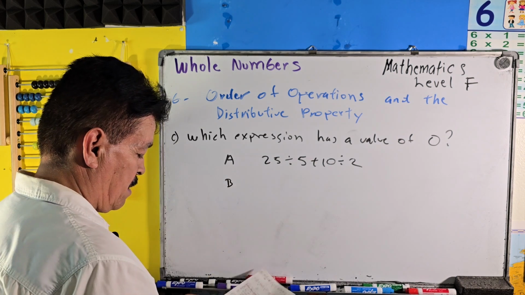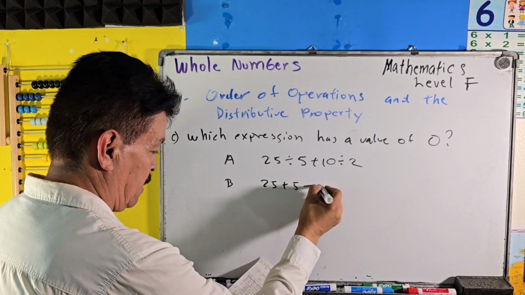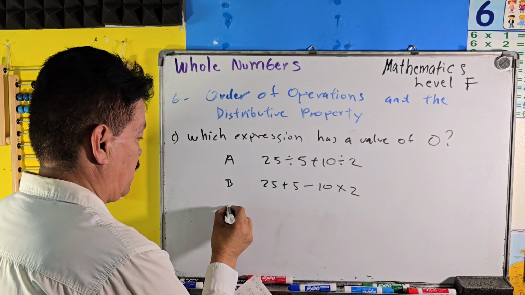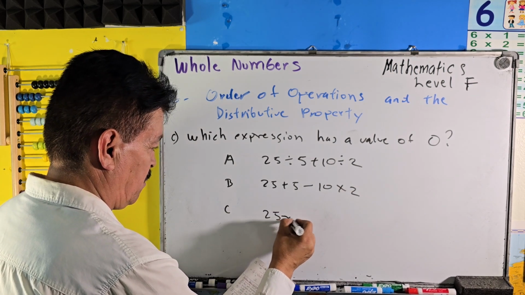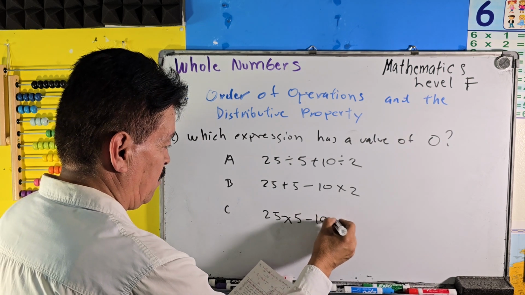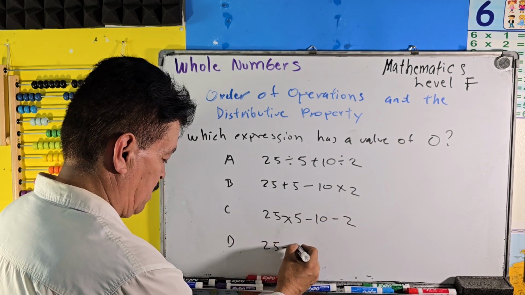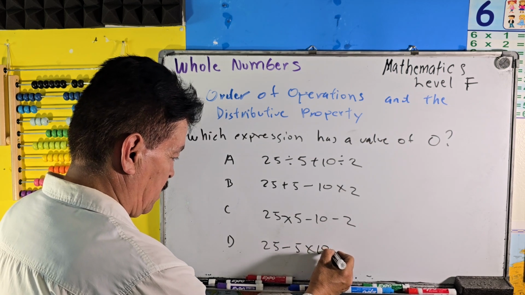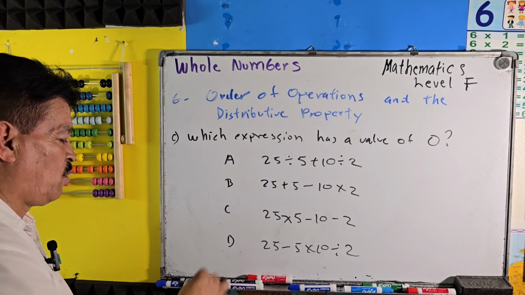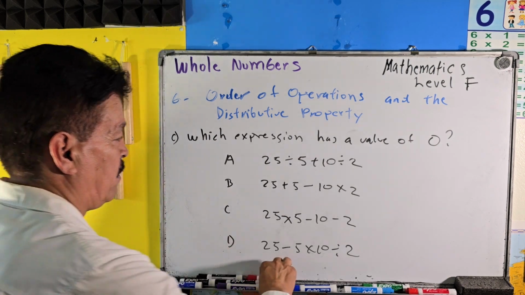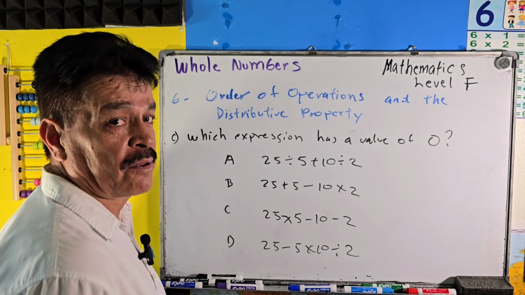B, 25 plus 5 minus 10 times 2. C, 25 times 5 minus 10 minus 2. And D, 25 minus 5 times 10 divided by 2. Well, I see the numbers. So which one is the right answer? 4 possible answers, right?